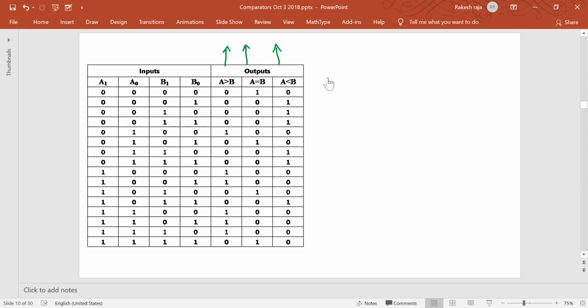If I want to write the output expression, let's consider A greater than B. So I'm going to do a 4 variable K-map here.